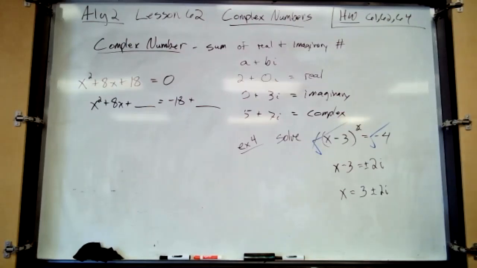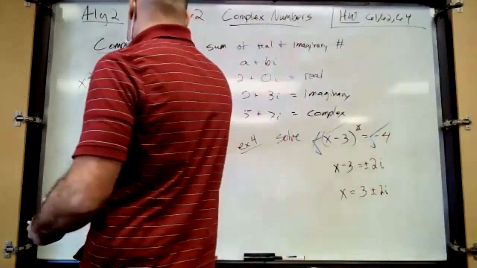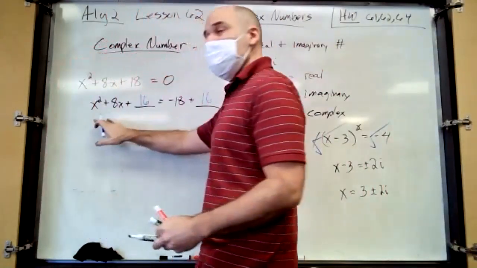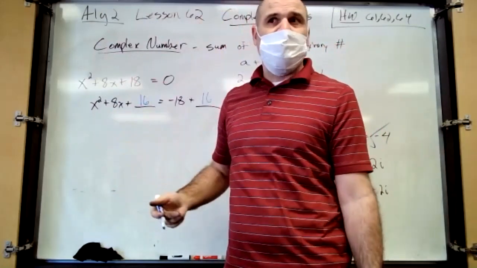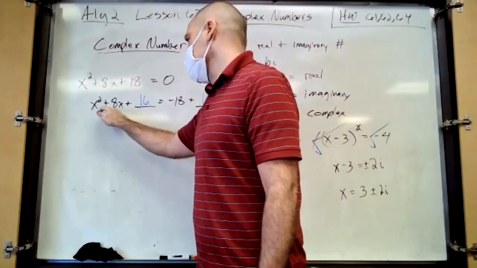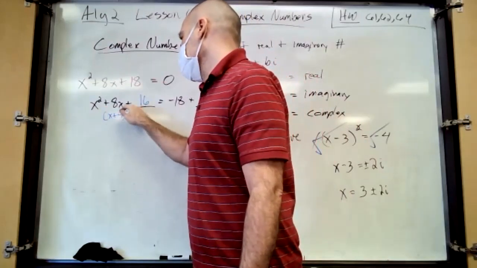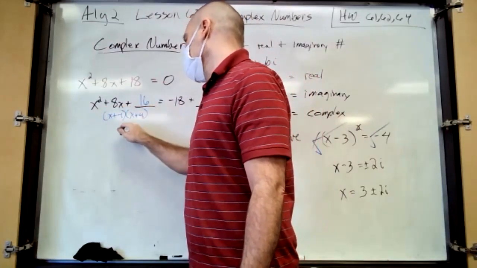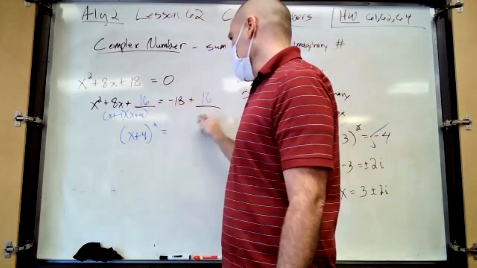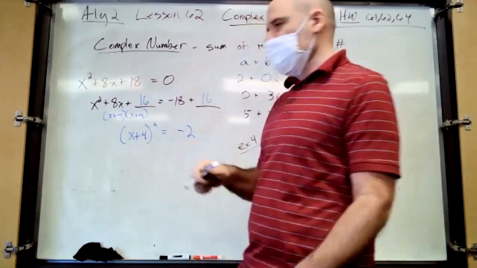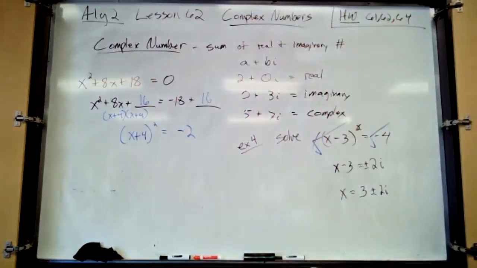So I'm going to add 16 to both sides. Because when I factor this now, it's going to be x plus 4 times x plus 4, right? Or in other words, x plus 4 squared. And then what am I left with over here? -2, right? This is completing the square.